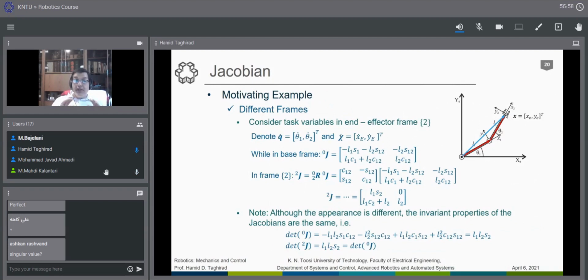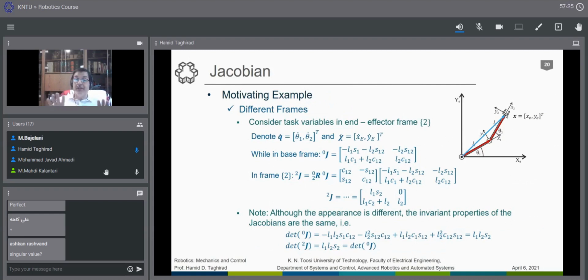To make sure that you are not misunderstood, at the beginning of the previous session, we defined the relative velocity and absolute velocity. We said that if we say relative velocity, we're considering sitting on the moving frame and seeing the change of the variable or position on that frame. But here we are not checking the relative frame.